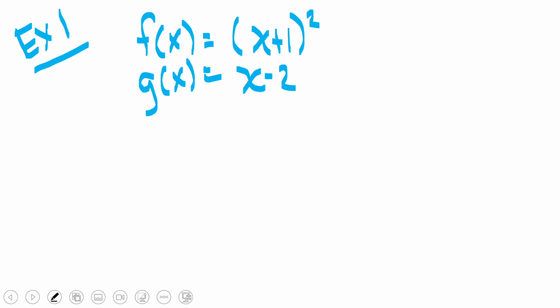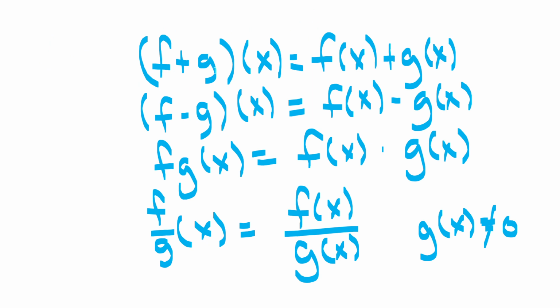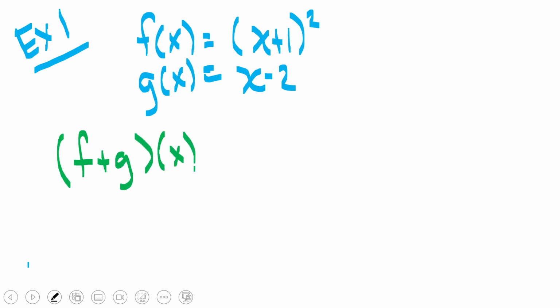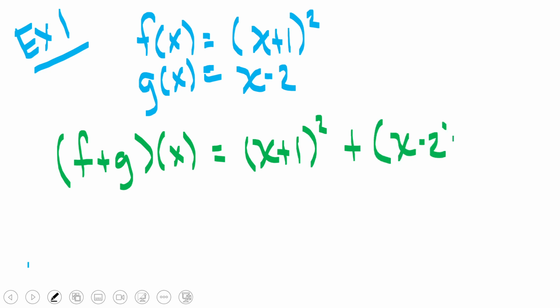So if you're asked to work the properties that we just worked on the prior slide for each operation, we're going to say, okay, the first one will be f plus g of x equals x plus 1 squared plus x minus 2.